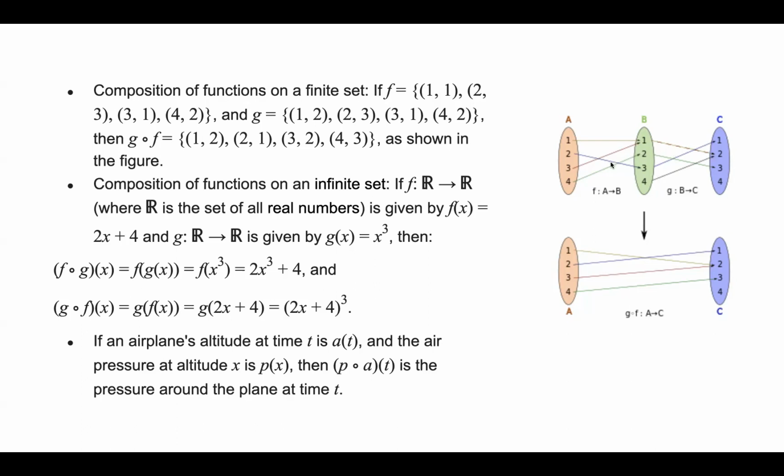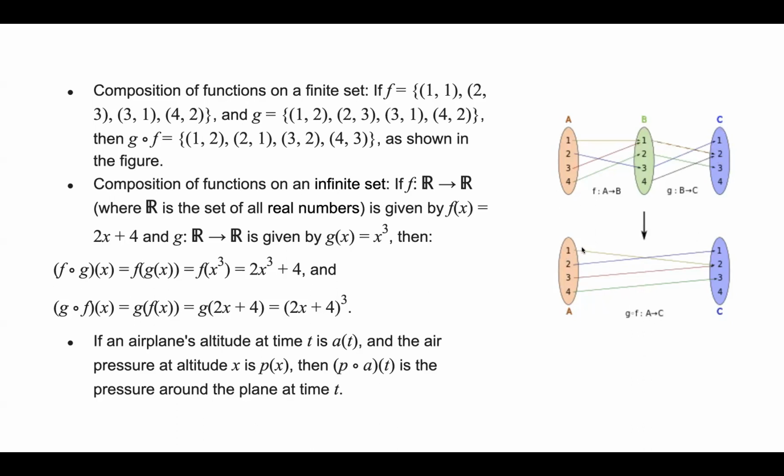Now how the composition comes is given in this diagram. See, from 1 to 1 and 1 to 2. Here 1 of A goes to 1 of B, and from 1 of B to 2 of C. Getting it?